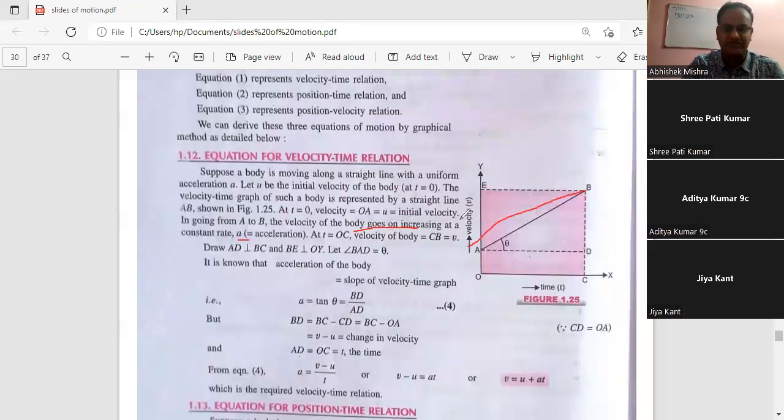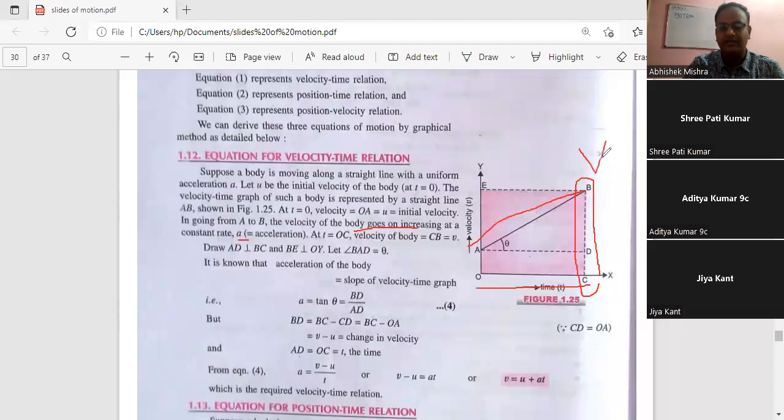That means this is a positive acceleration, and the acceleration is uniform. At time t equal to OC, the velocity is CB, which is equal to the final velocity V.